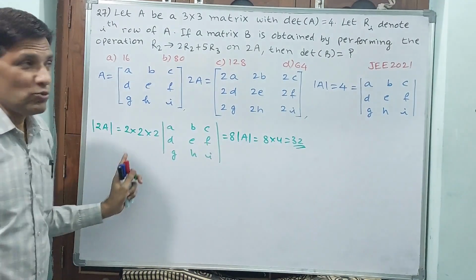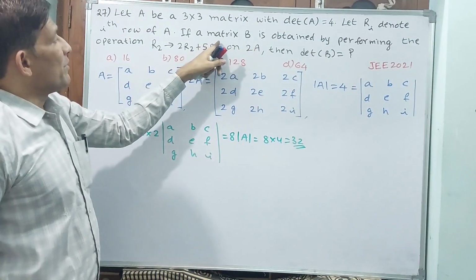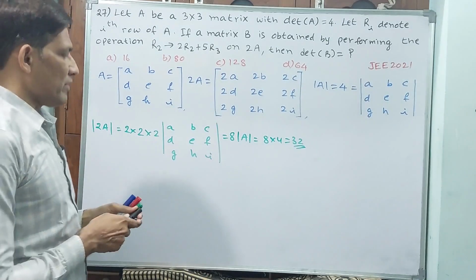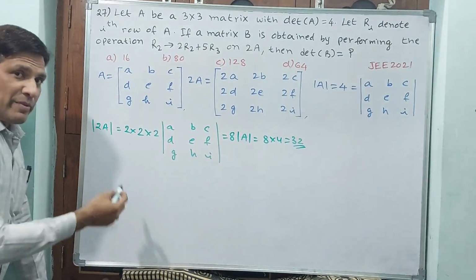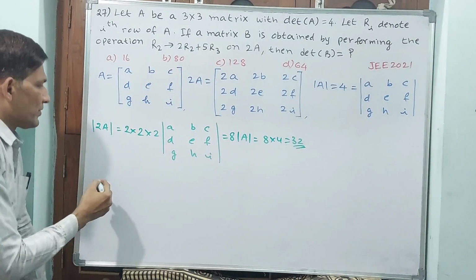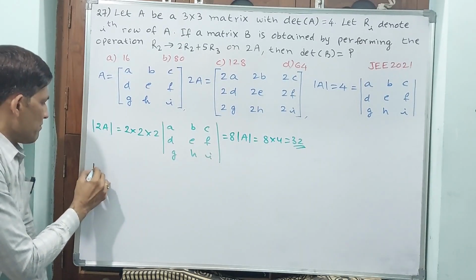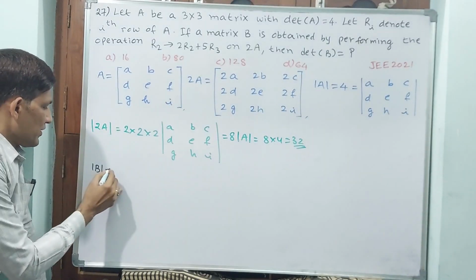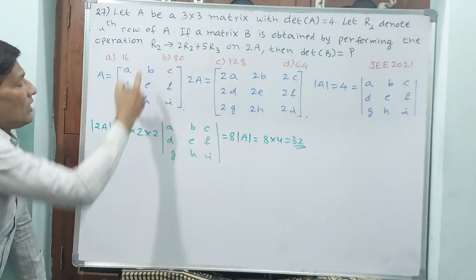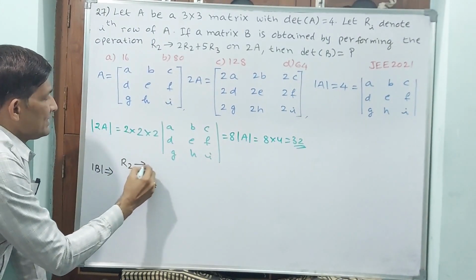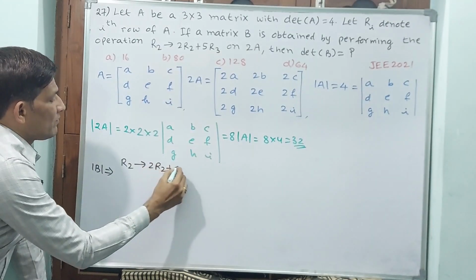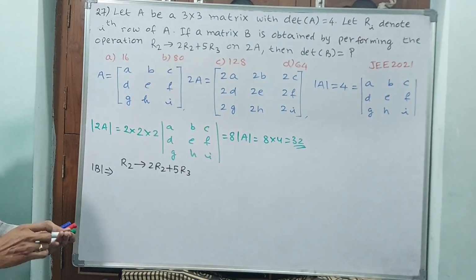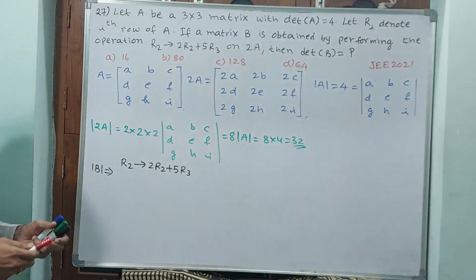This value is the determinant of 2A. But they are not asking for 2A, they are asking for determinant of B. Observe carefully how I am changing it. For determinant of B, you have to perform this operation: R2 is changing, and the change is 2R2 plus 5R3.